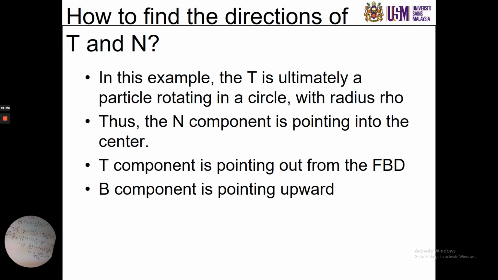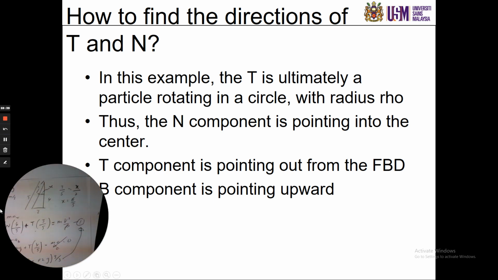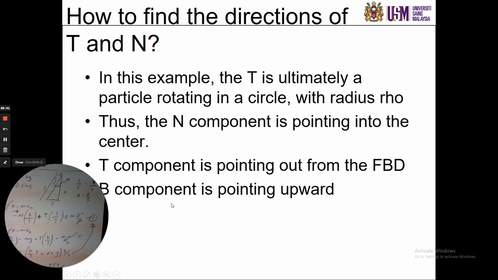Okay, in this example, it is ultimately a particle rotating in a circle with radius rho. So rho we can calculate using the similar triangle right here. Let me enlarge that. Okay, so that is rho.